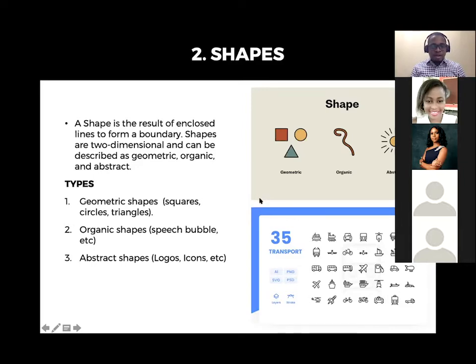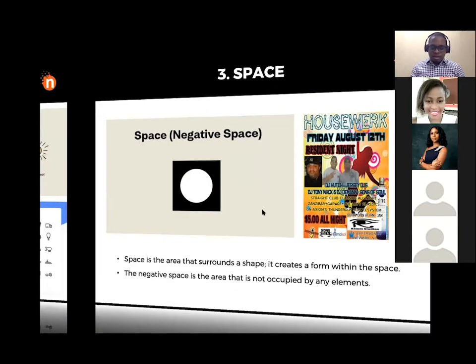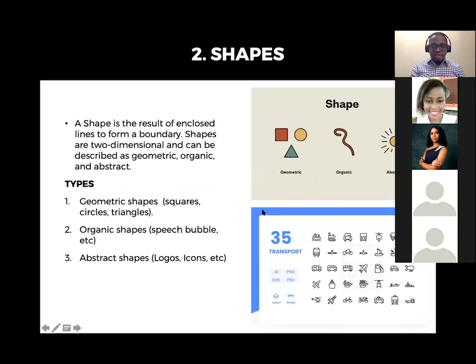That's an example of an organic shape. There's this other one, the thought bubble, where somebody is thinking, that has those circles, and the bigger one. That's an organic shape. Then we have abstract shapes.